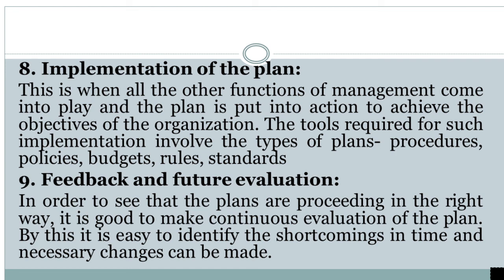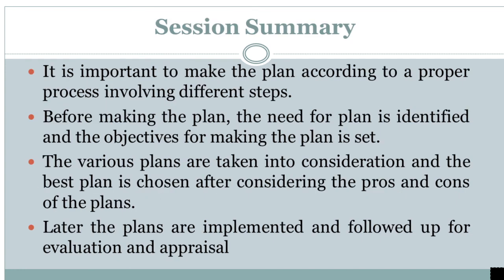So these are all the steps which are taken for the process of planning. Now let's sum up this session: it is very important to plan. To make a plan, we need to go through a few other steps. The very important first thing is the preparation of the objective.